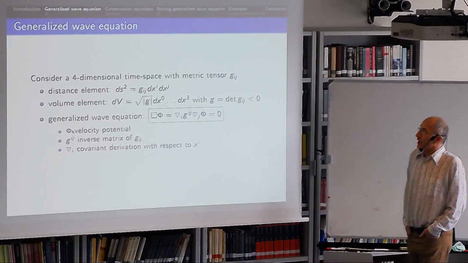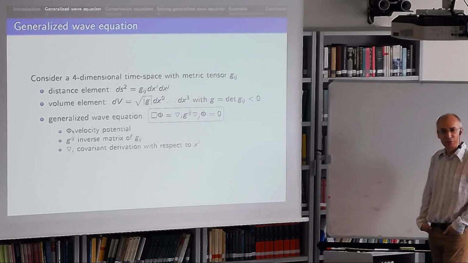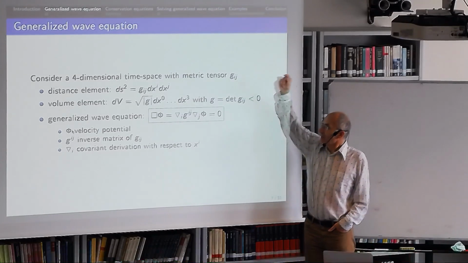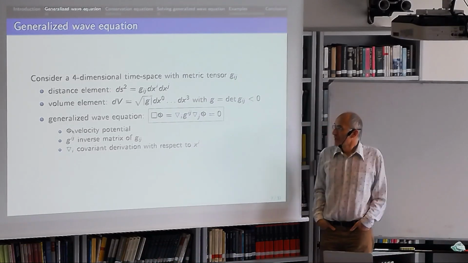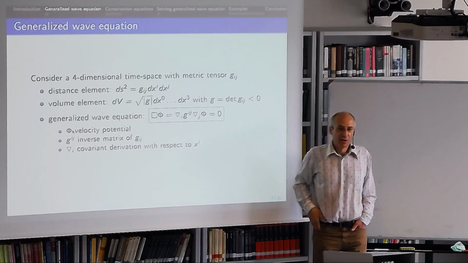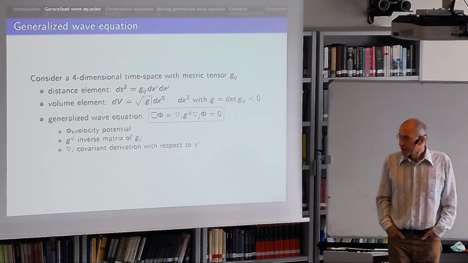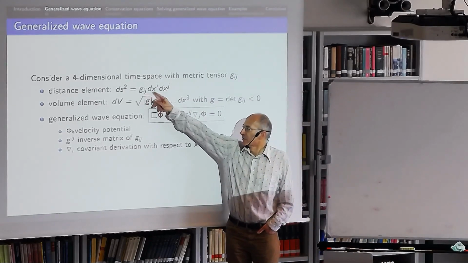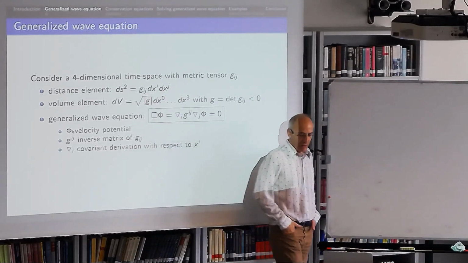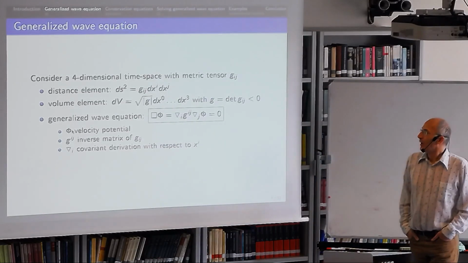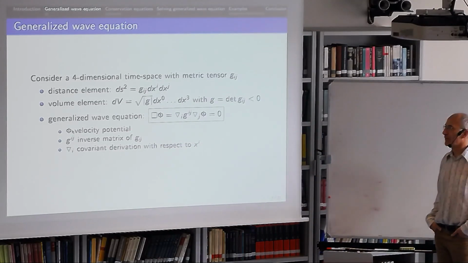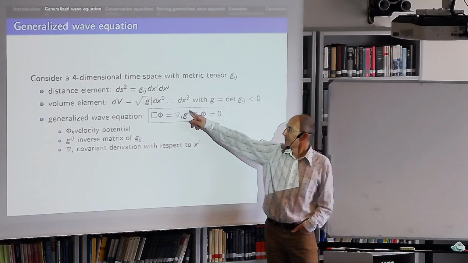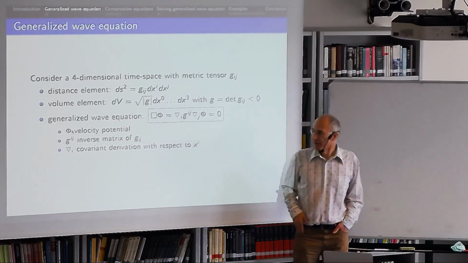So we start with a general wave equation. As I told you, it will be very mathematical. We use this four-dimensional space-time with a metric tensor g_ij, and we use the traditional Einstein convention. That's when you have an index up and down, then you have an implicit summation over the index, which are repeated only if one is an index and the other one is an exponent.